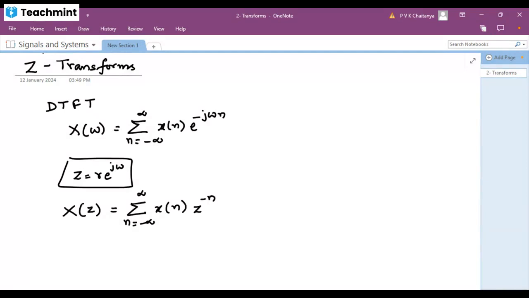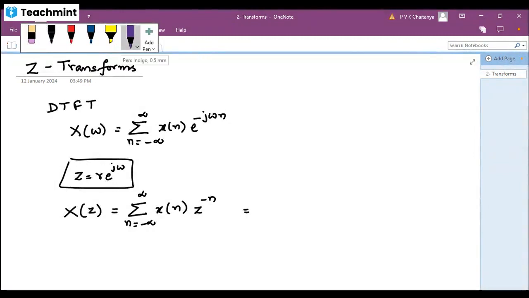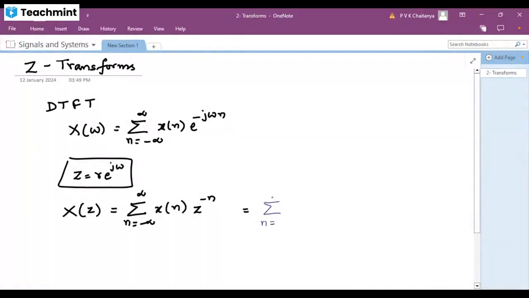Normally, if I take z is equal to r into e power j omega, then what happens? I'll be getting sigma minus infinity to infinity x of n into, if I substitute z is equal to r into e power j omega, r into e power j omega power minus n.